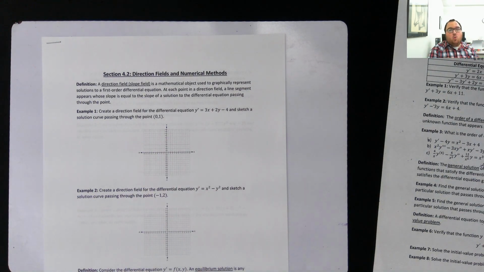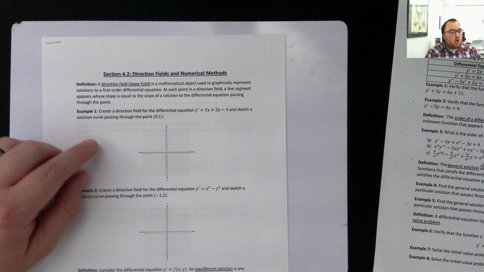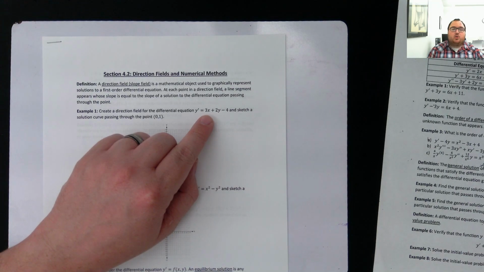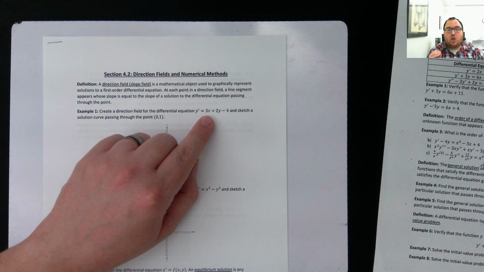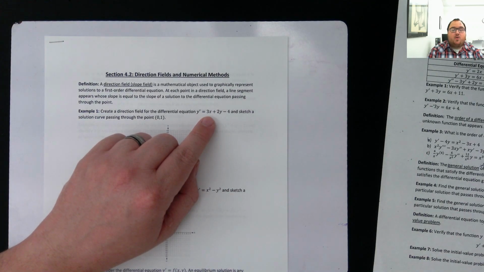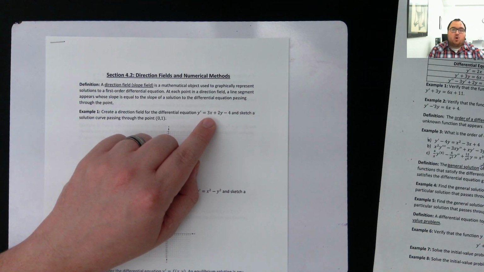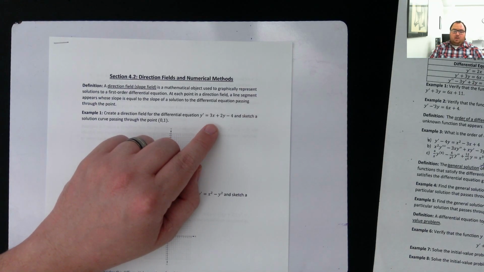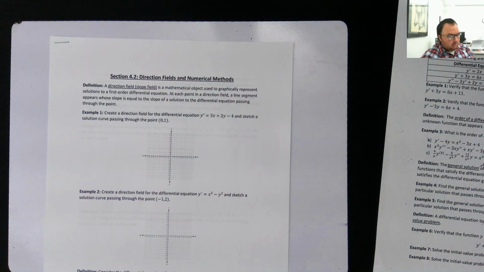Remember in Calculus 1, we learned that the derivative gives me the slope at that point. So if I plug a point on here into y prime, that's going to give me the slope at that point. So at every point, I'm going to find what the slope is and then draw a line with that slope, okay?